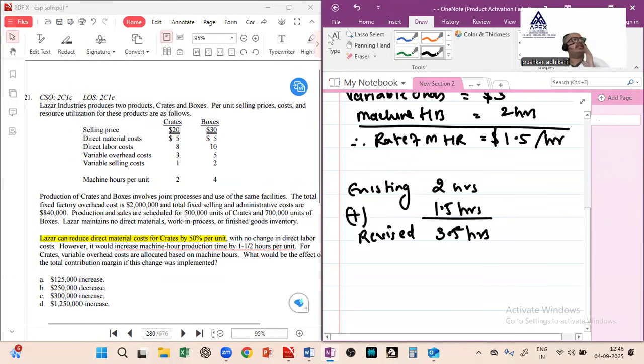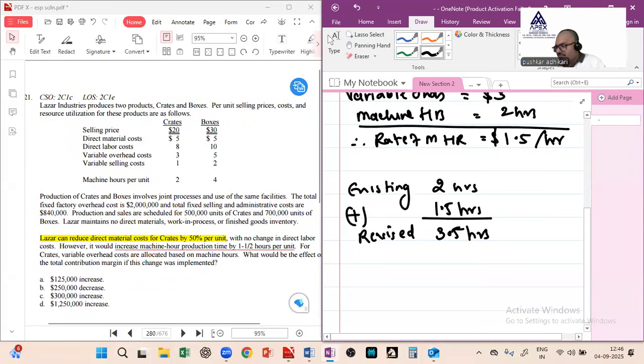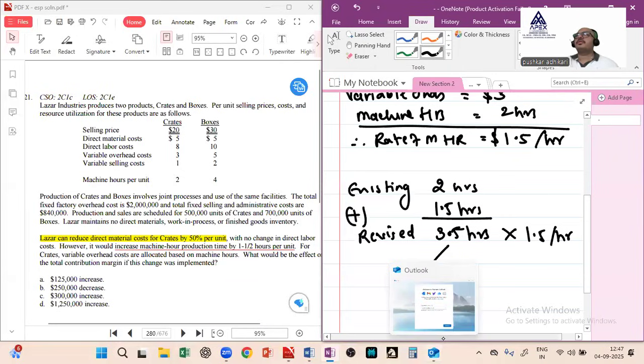What is my revised hours? My revised hours is 3.5 hours, and I am remunerating this at the rate of 1.5 per hour. Out of this 3.5, 2 hours was already existing.